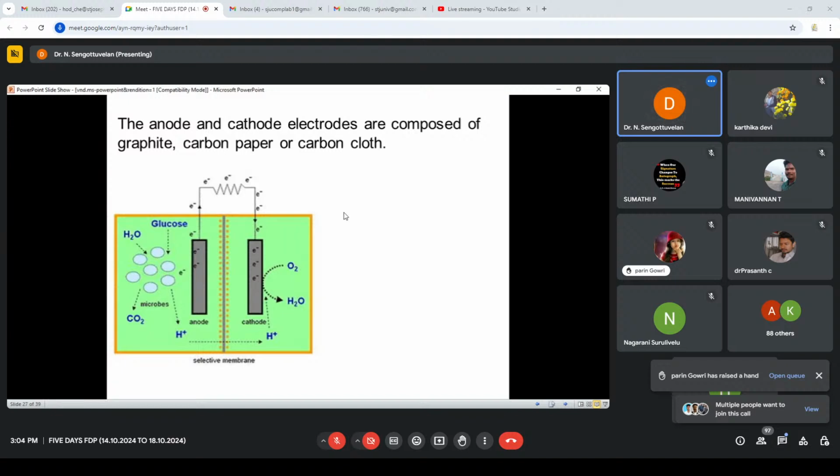So generally, graphite rods are used as electrodes in soil microbial fuel cells or microbial fuel cells, and carbon paper or carbon cloth. Of course, one researcher, interestingly, employed pencil carbon, that is pencil lead, as an electrode, and he generated electricity. All fascinating aspects are going on.